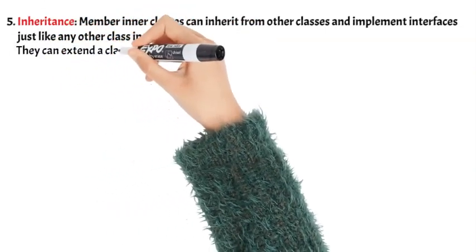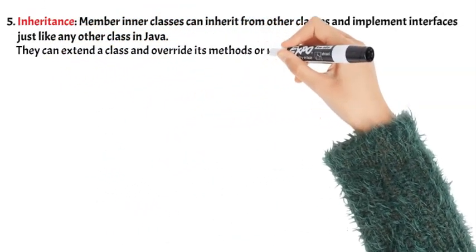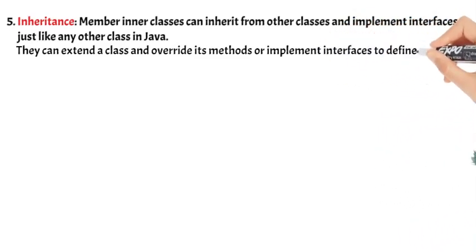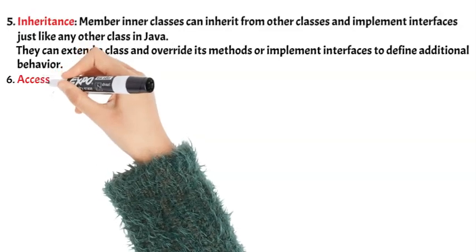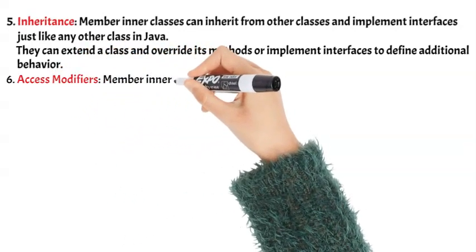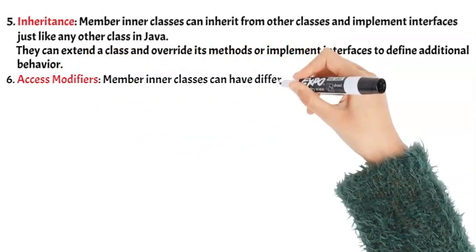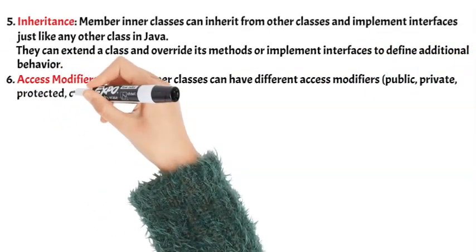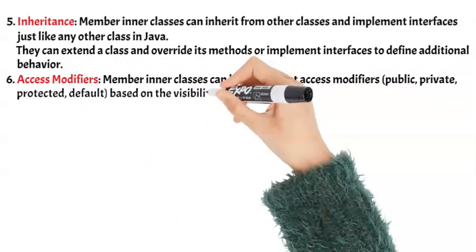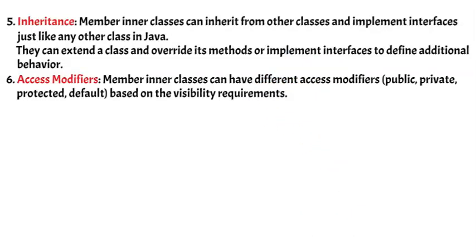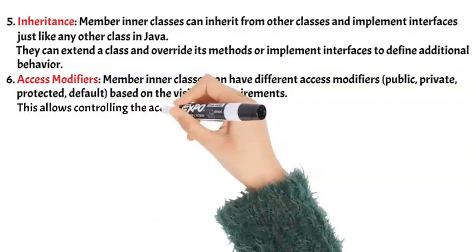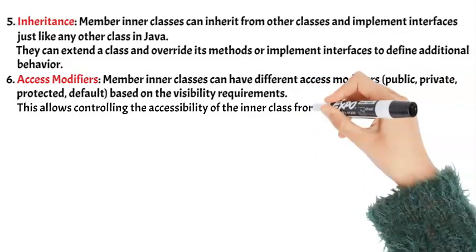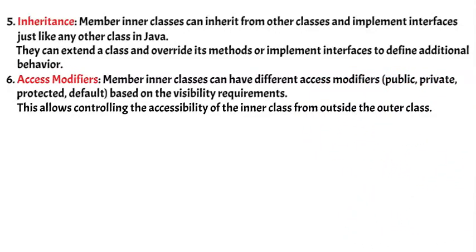They can extend a class and override its methods or implement interfaces to define additional behavior. 6. Access modifiers. Member inner classes can have different access modifiers: public, private, protected, default, based on the visibility requirements. This allows controlling the accessibility of the inner class from outside the outer class.